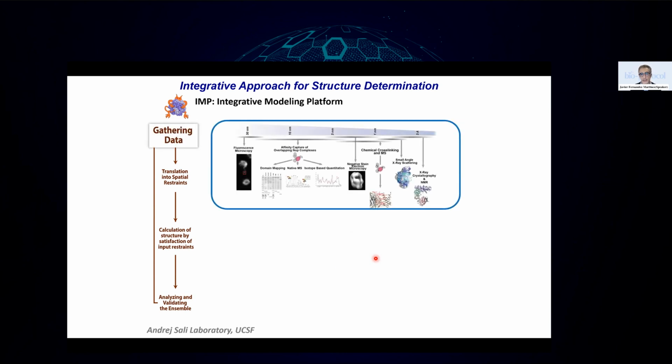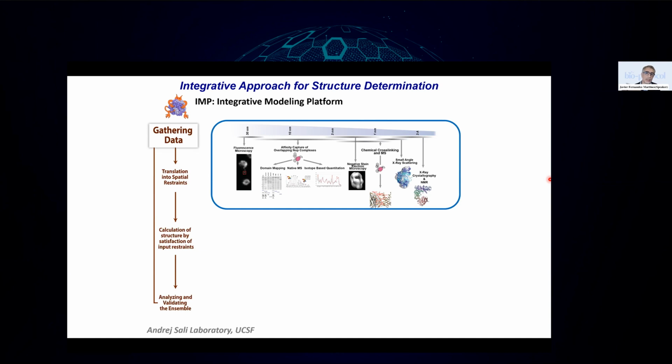This experimental data is ideally coming from complementary methods that are going to inform us about different aspects of the structure. Ideally, also, these different methods should cover a wide range of resolutions so that we can maximize the synergies between the data and the final accuracy and completeness of the final structure.